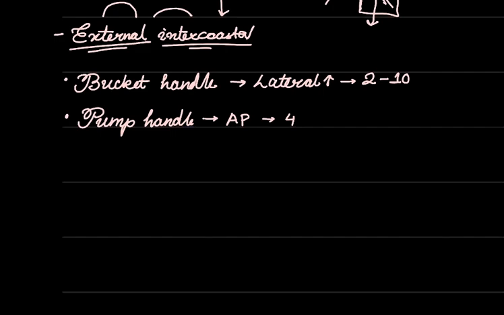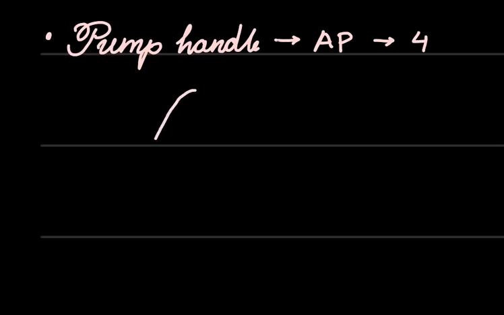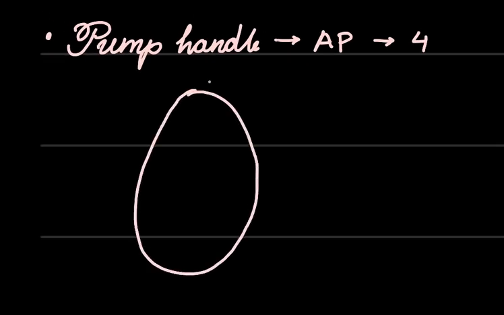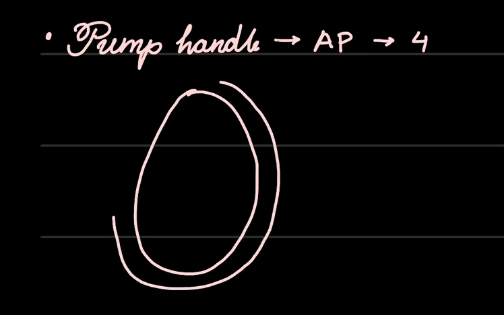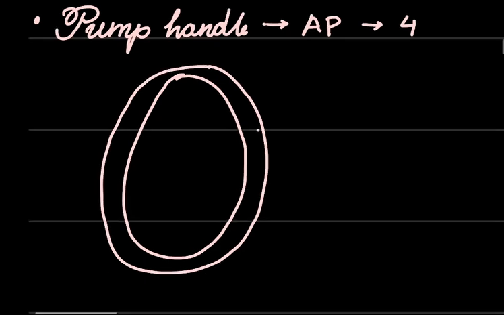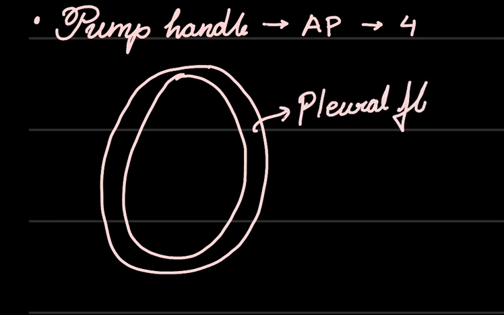How? For that, there comes another concept. We have to know that the lung is surrounded by pleura. Within the pleura, there is pleural fluid. Pleural fluid is continuously produced and continuously absorbed by the lymphatic drainage.